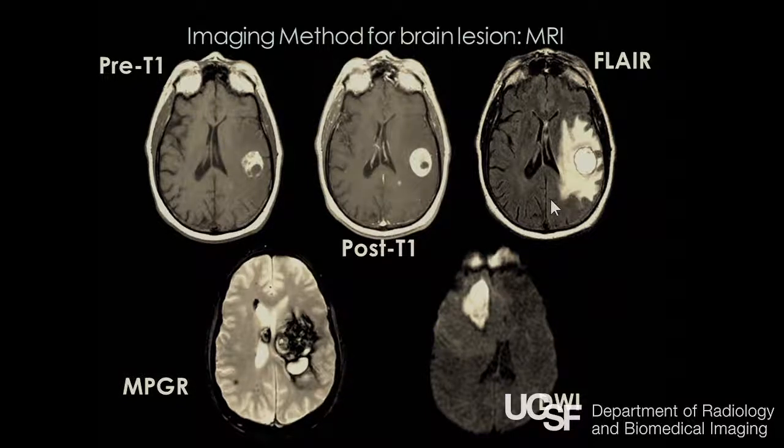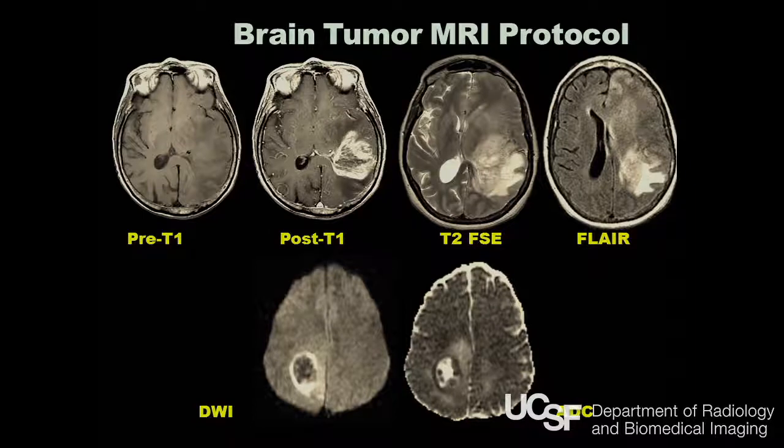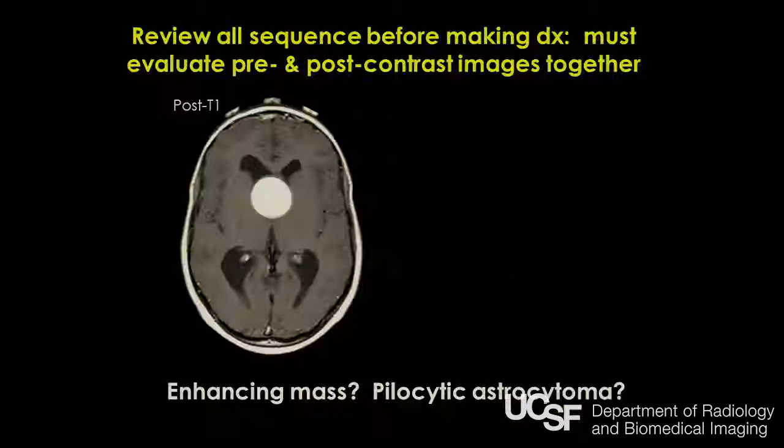FLAIR obviously plays a very important role. MPGR, SWI, or SWAN is very important to look for blood products. Diffusion is essential, because that's where we pick up pus in the brain or stroke, unsuspected infarcts. So DWI is also an essential part of the brain tumor imaging protocol.